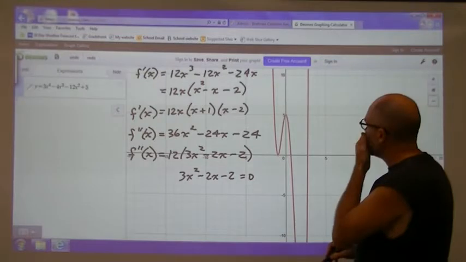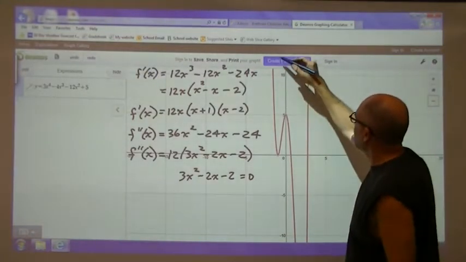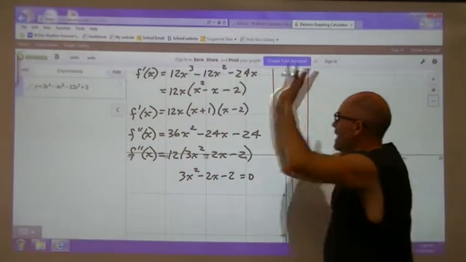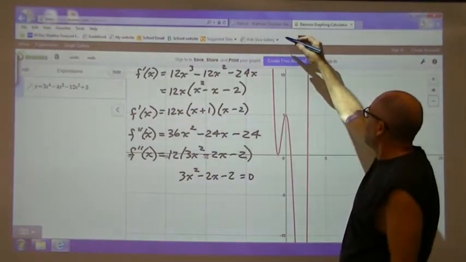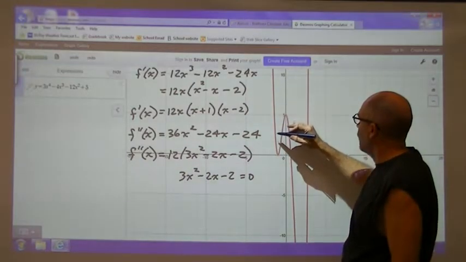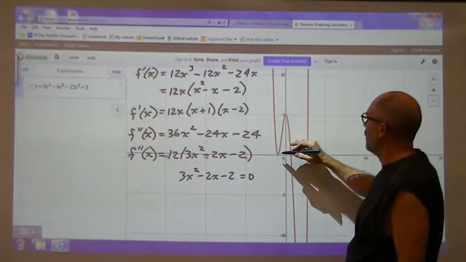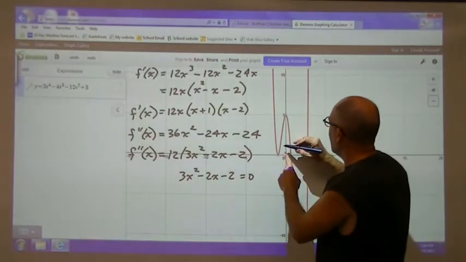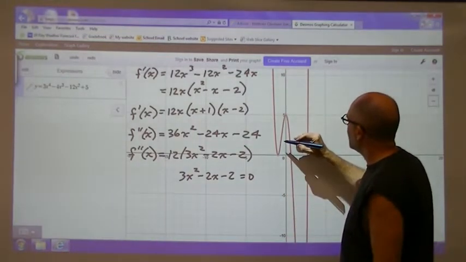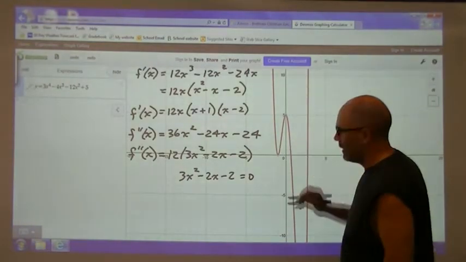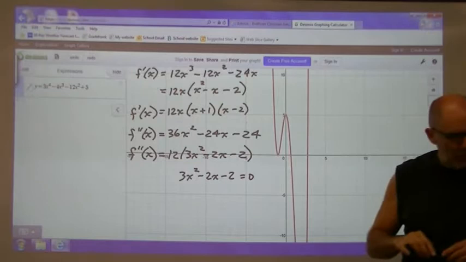Now, if we were to just look at the curve, if I start from negative infinity, it's getting less and less steep as I go. So there's no point of inflection there. But then I make the turn and I'm still concave up. Now, where does it become concave down? Let's look a little closer here.